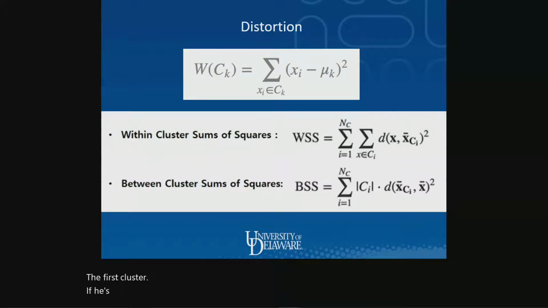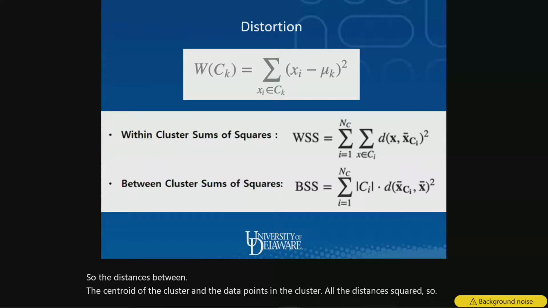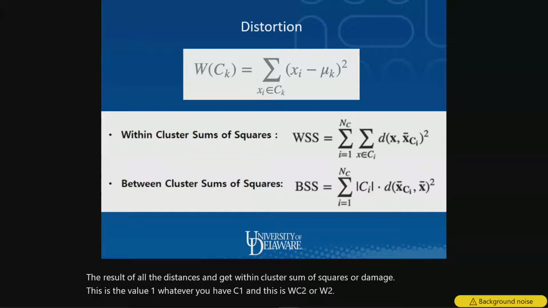It is the sum of all the distances squared, the distances between the centroid of the cluster and the data points in the cluster, all squared. So sum of all the distances, and we get within cluster sum of the squares, or W. This is W1 or W of C1, and this is W of C2 or W2.